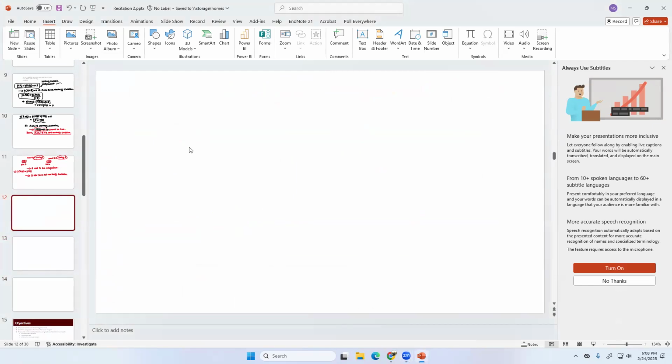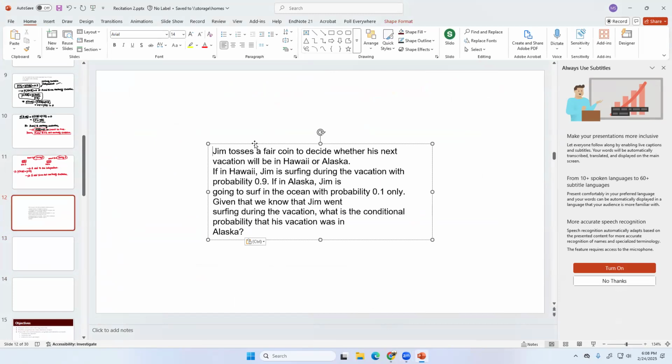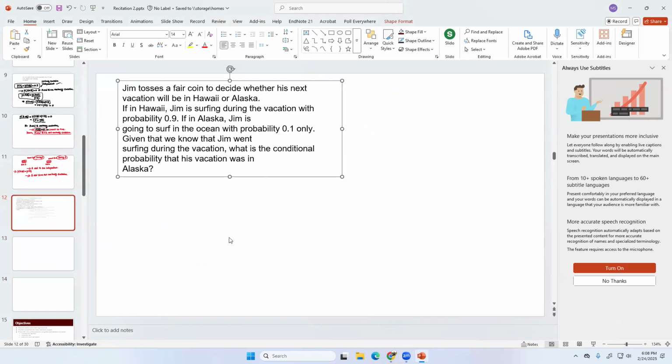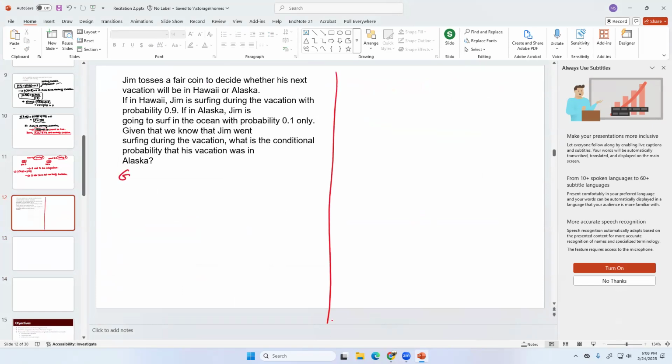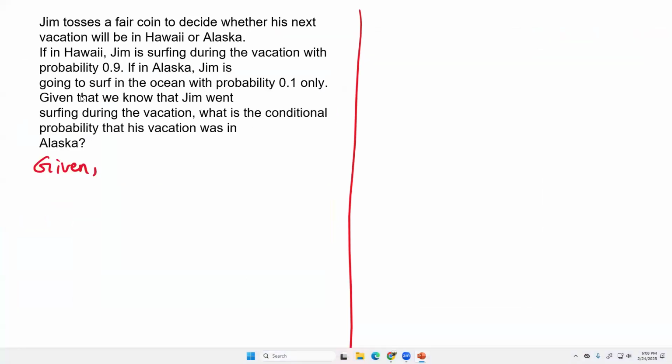Question 3. So okay, so let me do this one. So what are the given things here?